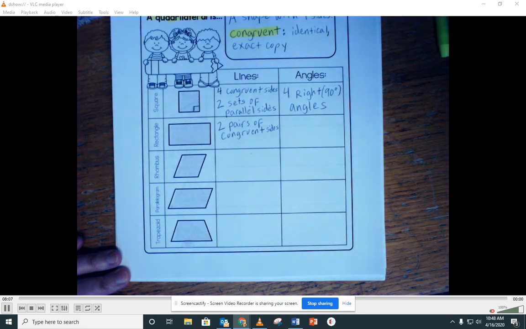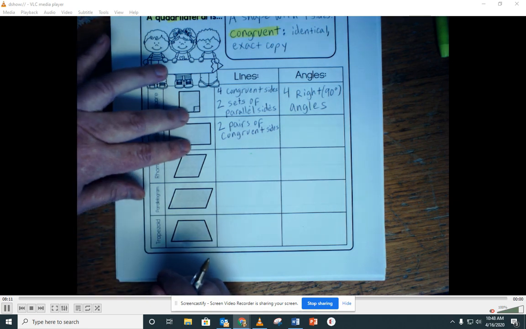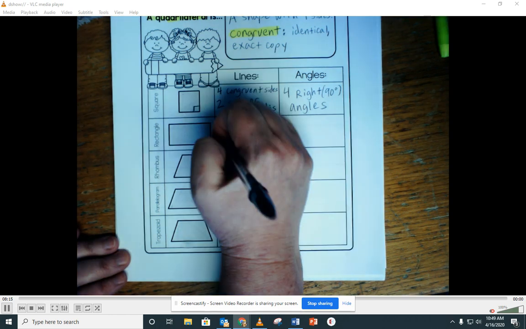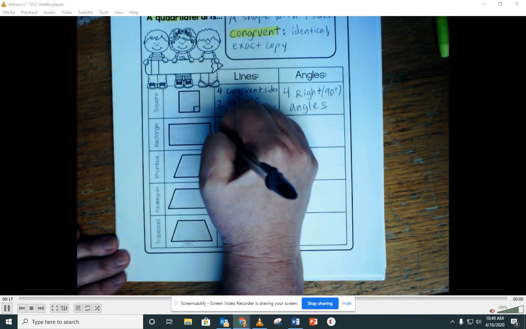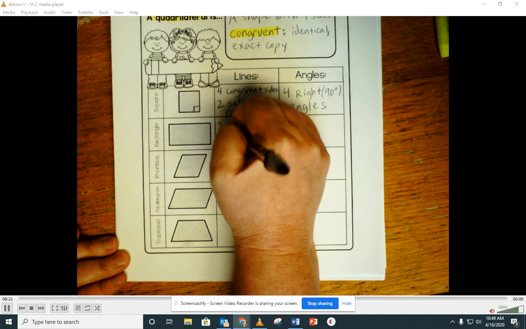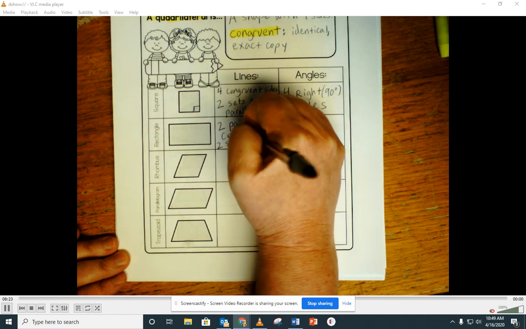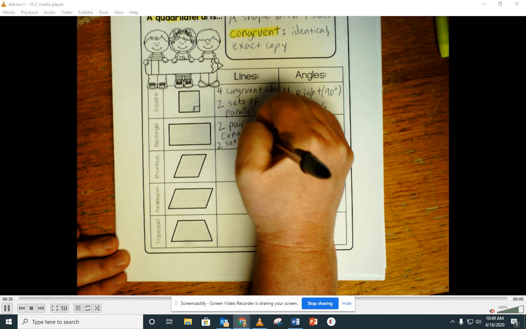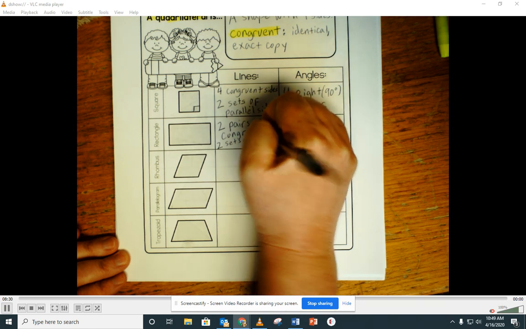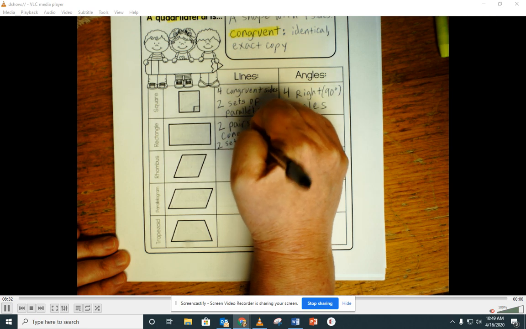Then we have two sets of parallel lines. The top and the bottom are parallel to each other, and the left and the right. Two sets of parallel sides.